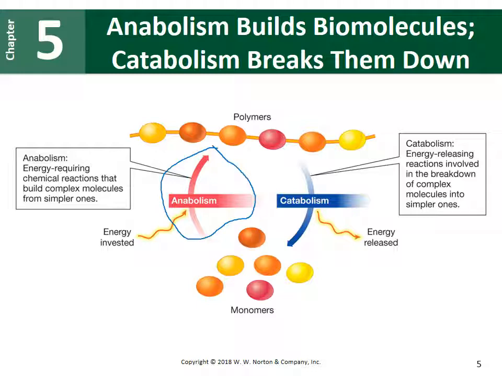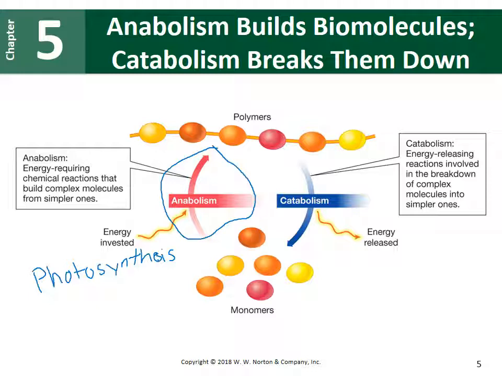We'll use that energy to hook those building blocks together to make the polymers. So an anabolic reaction, one is photosynthesis. So photosynthesis, we're taking energy from the sun, using it to make carbohydrates or sugars.